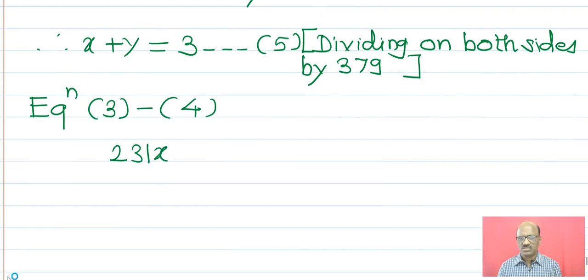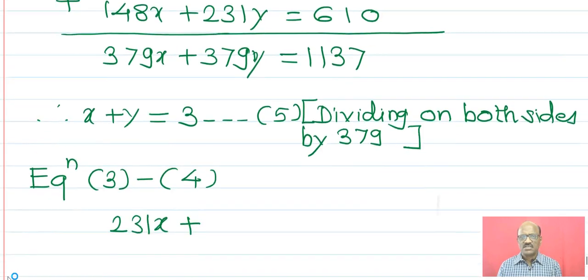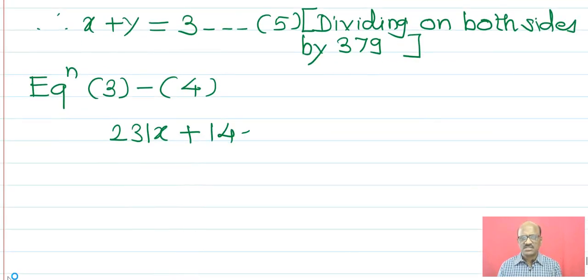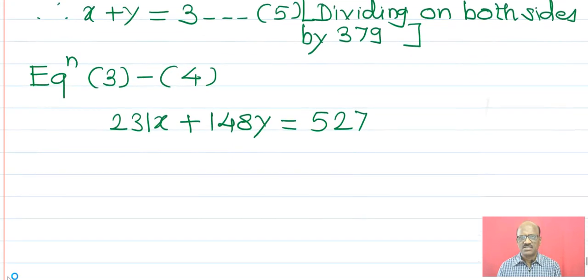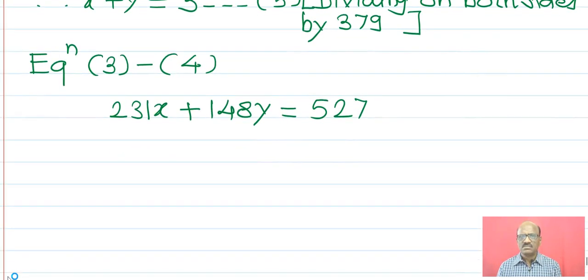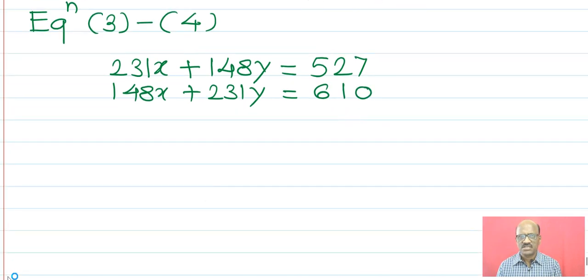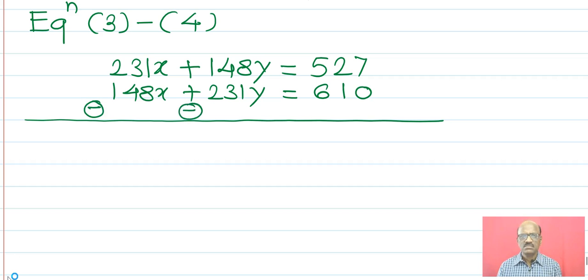Now write first of all equation number 3. That is 231x plus 148y is equals to 527. 148x plus 231y is equals to 610. Now subtract these two equations, minus sign.